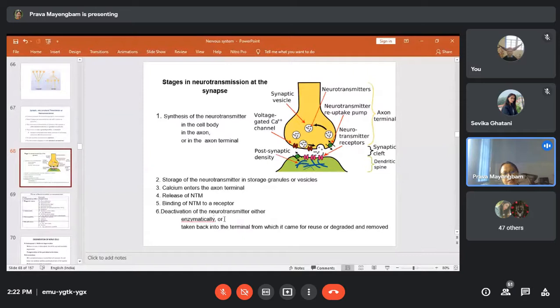There will be deactivation of the neurotransmitters either enzymatically or they may be taken back. Okay, they will be taken back into the terminal from which it came for reuse, or degraded, or removed.